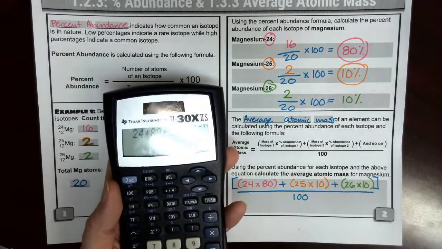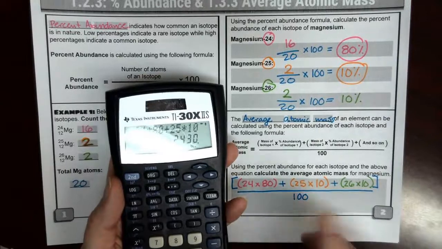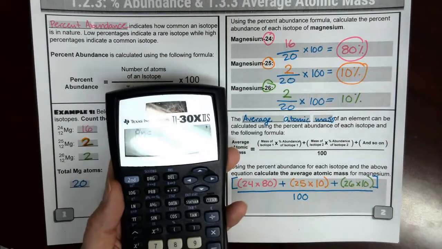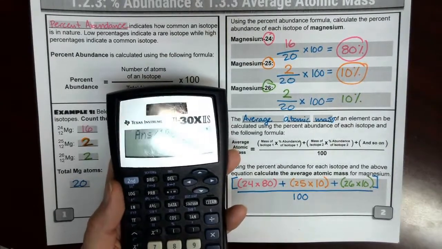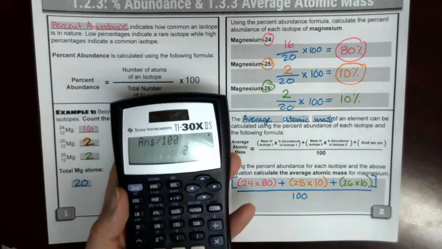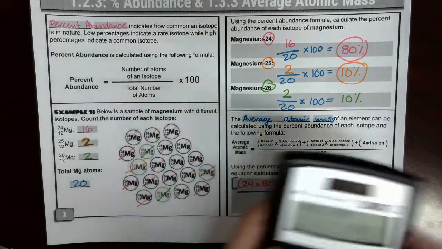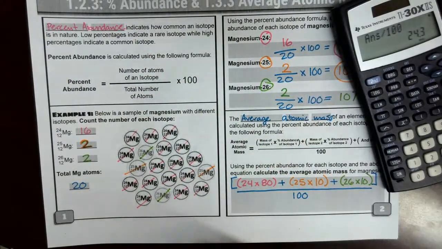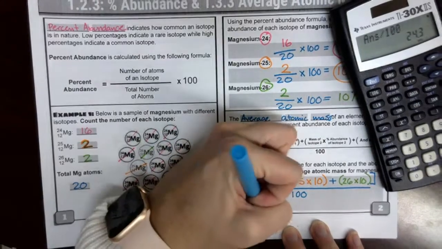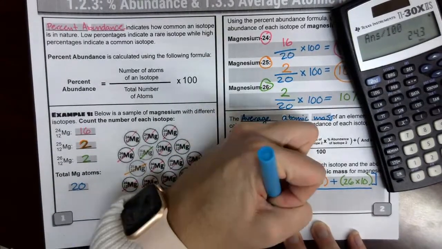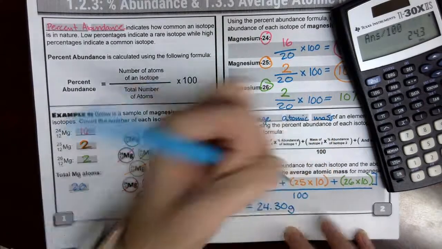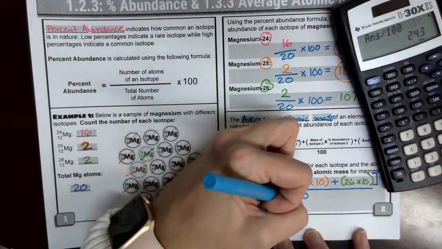I'm going to hit enter because I want to do the whole top first. Then I'm going to divide this by 100, and I get a mass of 24.3 grams per mole. So my final answer is 24.30 grams.